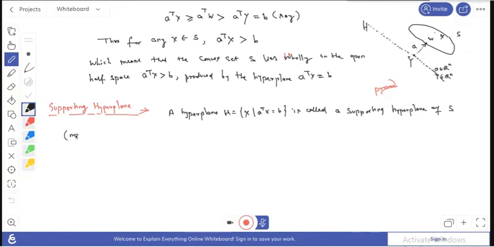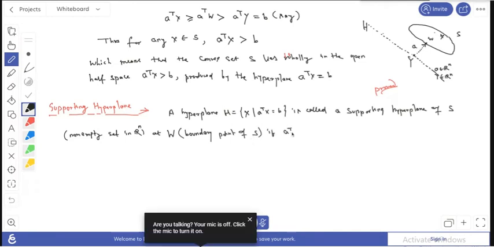Okay, this is non-empty, not necessarily convex. This hyperplane is called a supporting hyperplane of this non-empty set S at any point, suppose at point W, which is a boundary point of your non-empty set S.